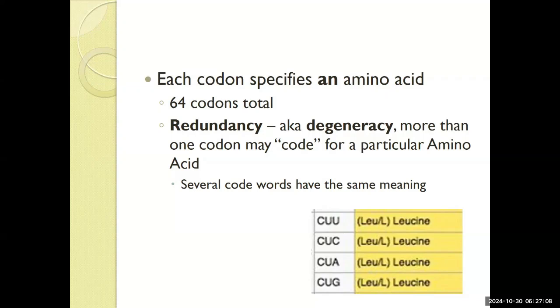Notice in the third base of the codon, it doesn't matter if it's a U, a C, an A, or a G. All 4 of these variations still code for that same particular amino acid. What we see is that in the genetic code, about 50% of the time, the third base doesn't matter, but there are several code words that ultimately have the same meaning.